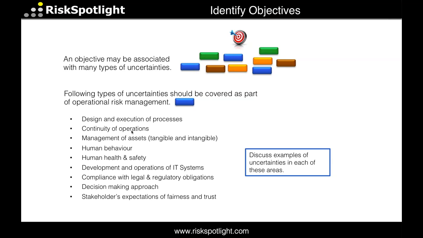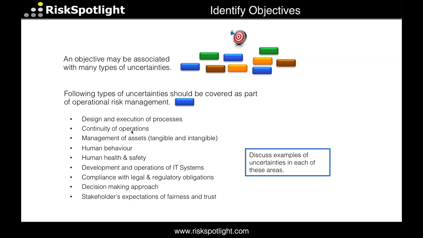Hasty decisions: if we are introducing changes to our products, say changing the interest rate on our mortgage, and we don't think about that properly and just increase the interest rate by a big margin, that may be considered unfair by the stakeholders or the regulator. We make quick decisions and don't think about the implications. Conflict of interest is another example, where people make the decision for their own benefit rather than the benefit of the organization and its stakeholders.